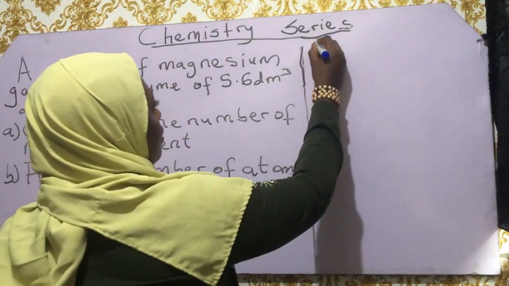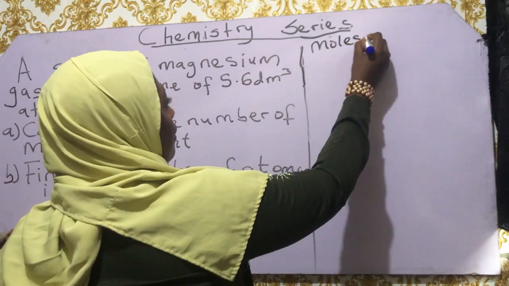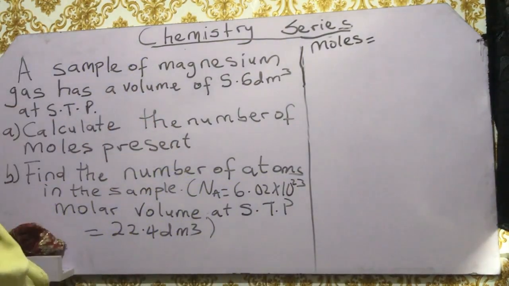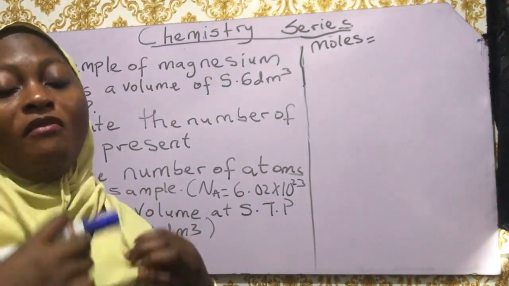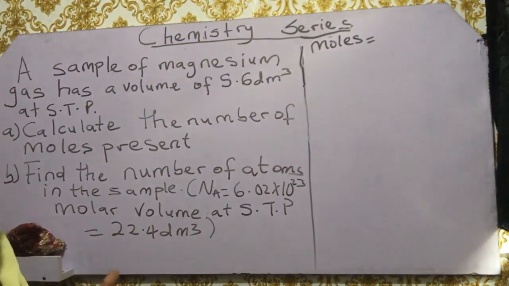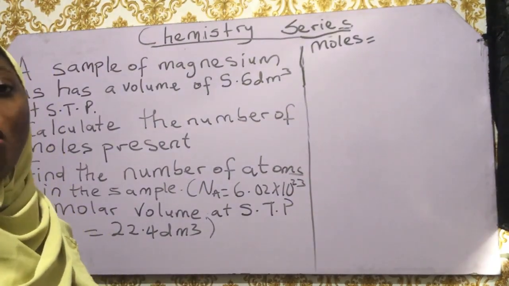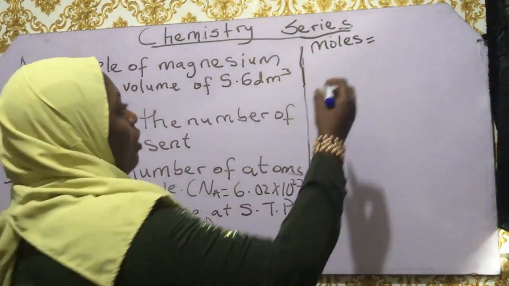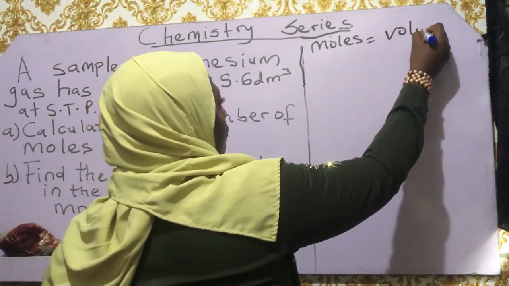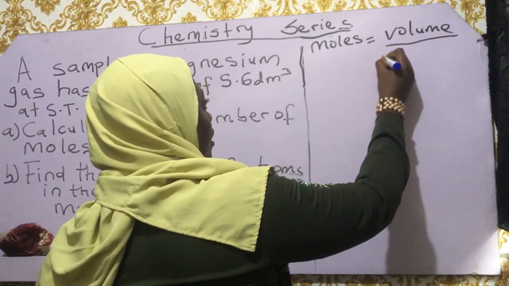Number of moles is equal to, in the previous class, we have derived a relationship between molar volume and volume. So mole is equal to volume divided by molar volume.